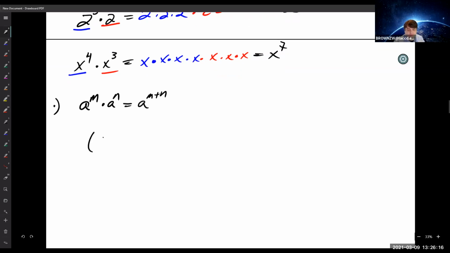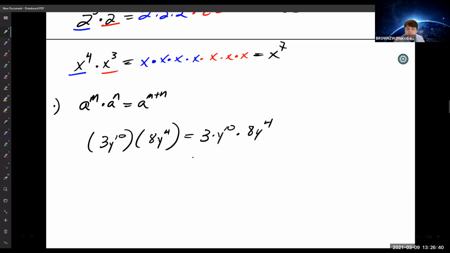So if we have something like this, now remembering that multiplication is a commutative operation, which means we can change the order around. Technically, this is 3 times y to the 10th times 8 times y to the 4th.